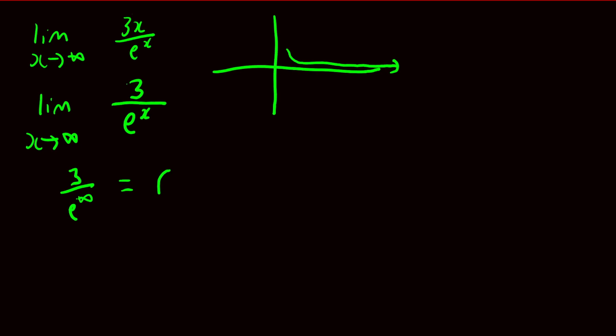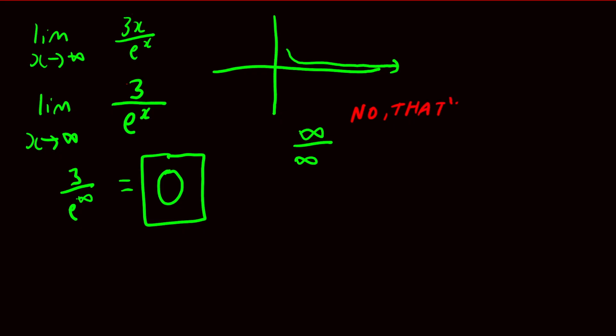So small, in fact, that we can just say that the limit approaches 0. And that's our answer. So before, we would have said that it was infinity over infinity, but using L'Hopital, we said no, that's indeterminate form, so we can use L'Hopital.